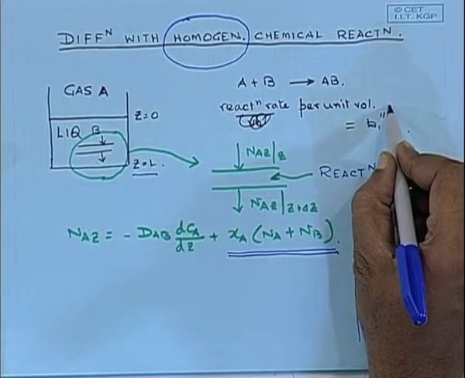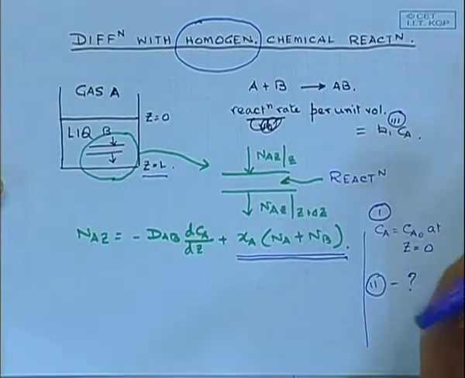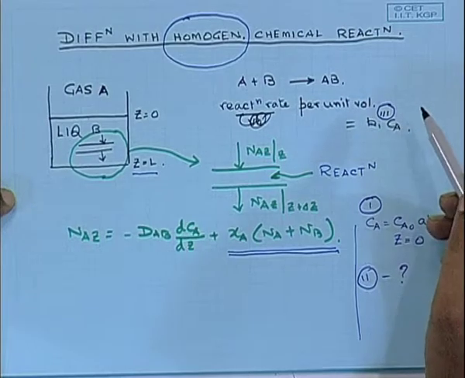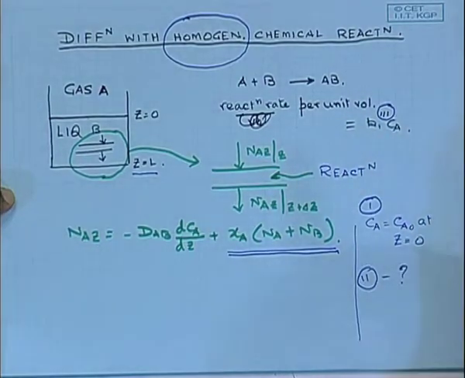I would again bring to your notice the triple prime, which is generally for homogeneous reactions. So, it is reaction rate, that means moles per unit volume per unit time.